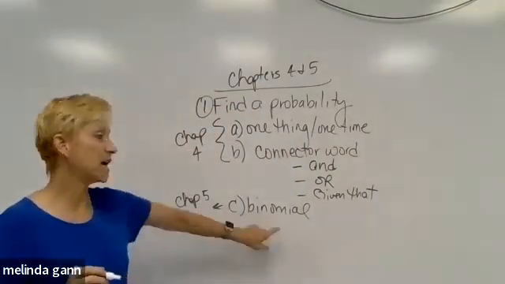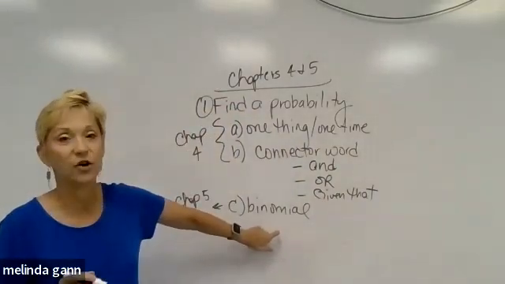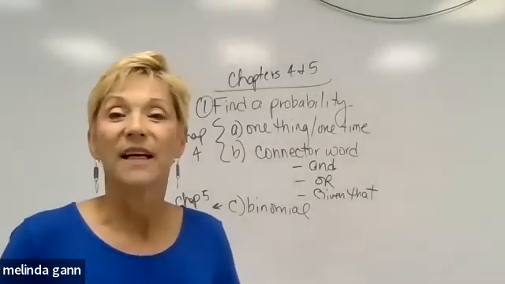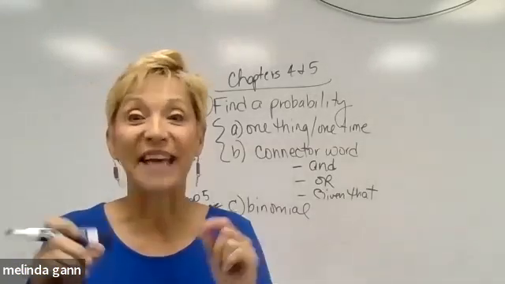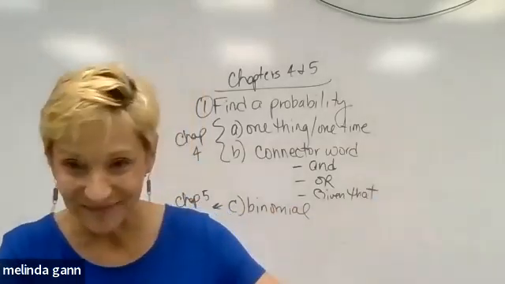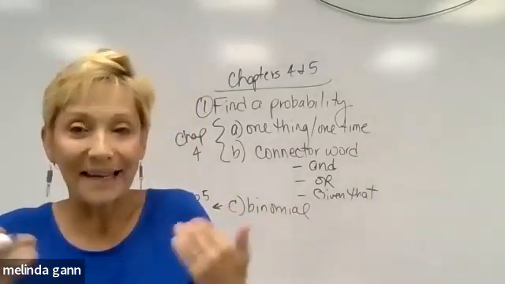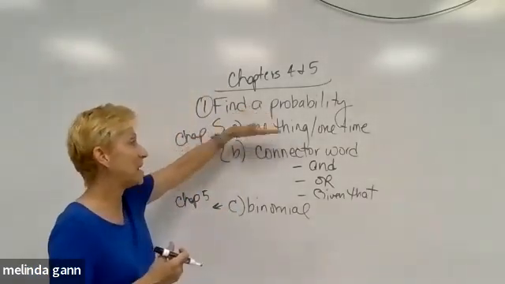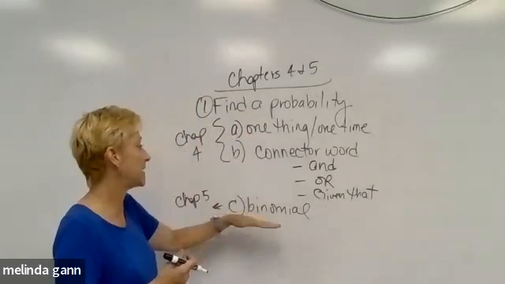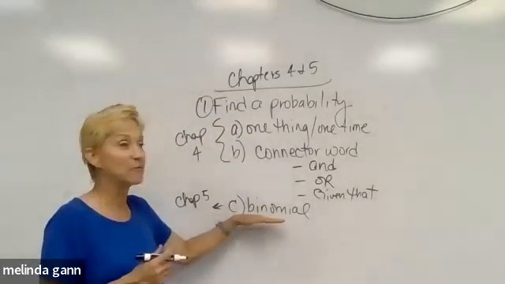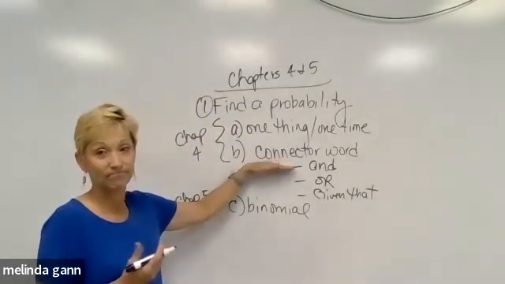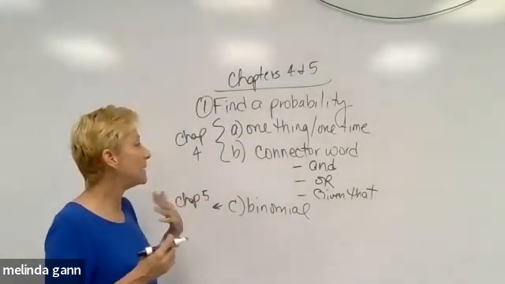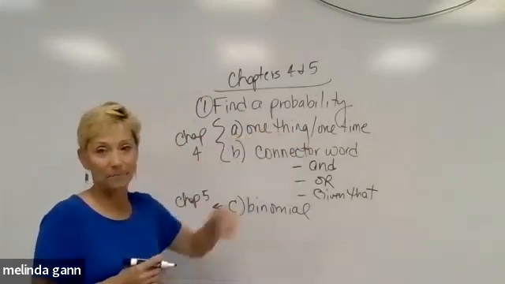So if you haven't really done much with chapter 5, then you're not going to understand binomial. The lovely thing about binomial is the calculator does all the work. So a lot of times, if it's not one thing one time, and I don't see a connector word, I'll jump down and see if it's binomial, because I'd rather do binomial than a connector word.